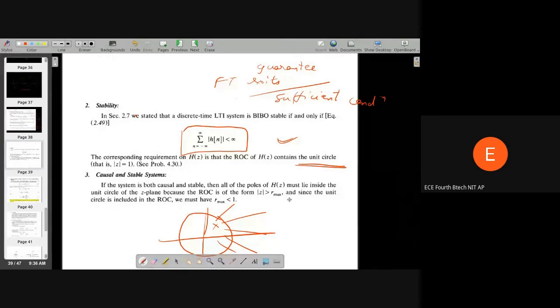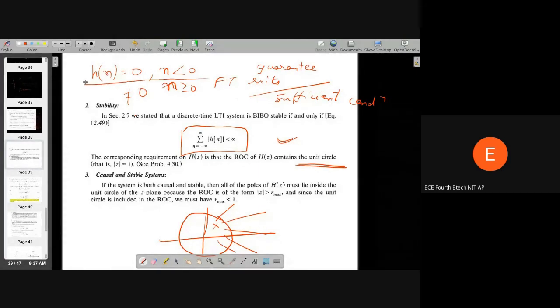Now, what is the benefit of causal? I have been saying causal or right-sided. This definition is h[n] equal to 0 for n less than 0, and it has some values for n greater than or equal to 0. Some values might be 0 in between.